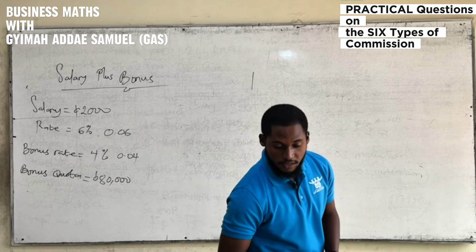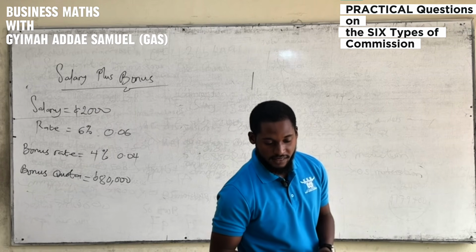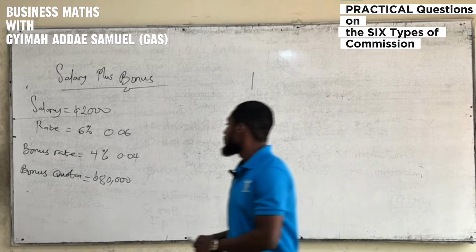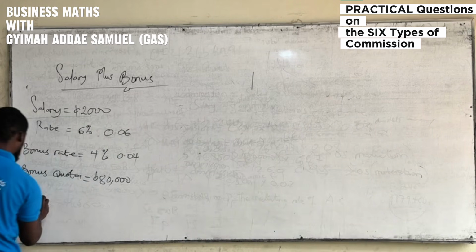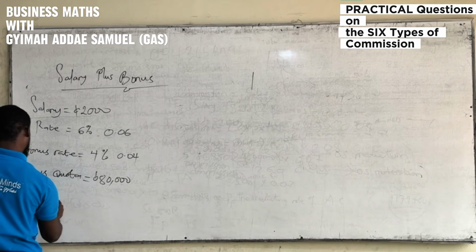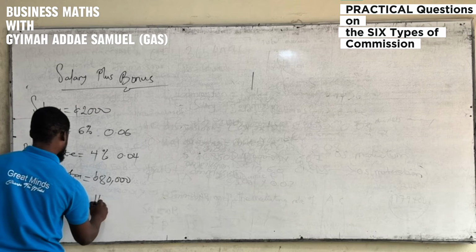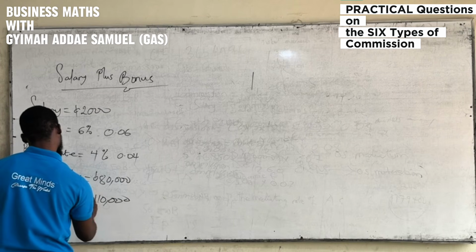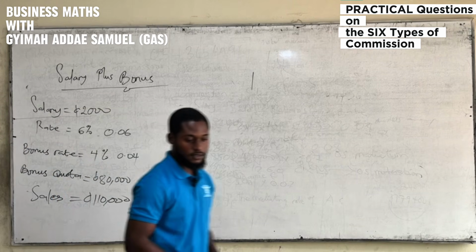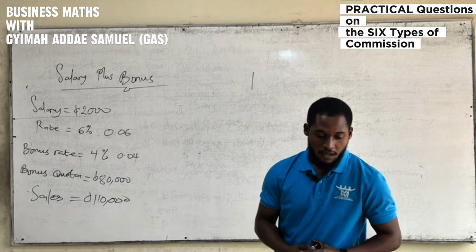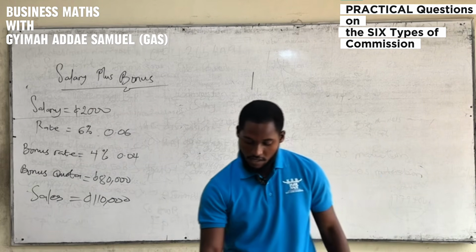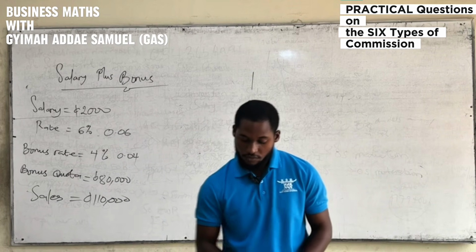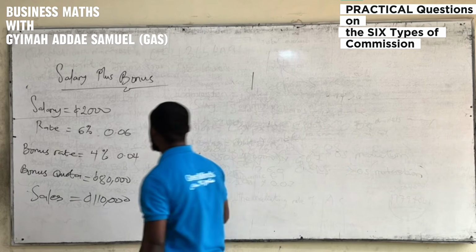In July, his total sales were 110,000 Ghana cedis. Calculate Mensa's total earning. So we first have to compute that of the formula.